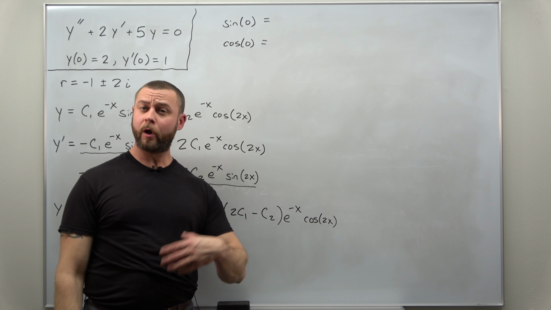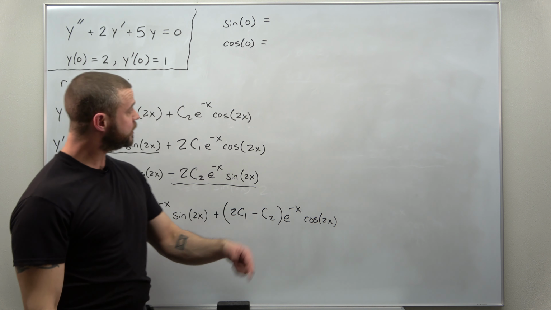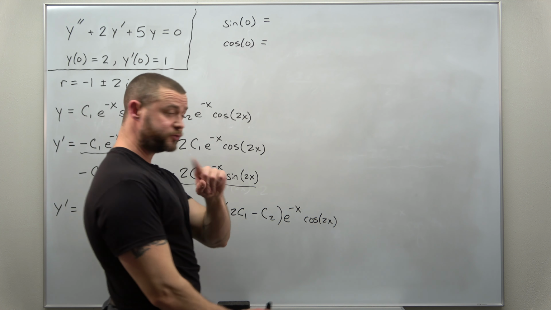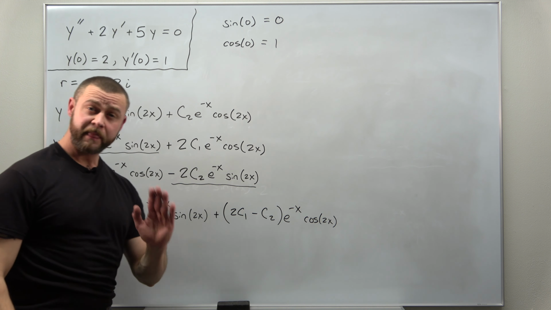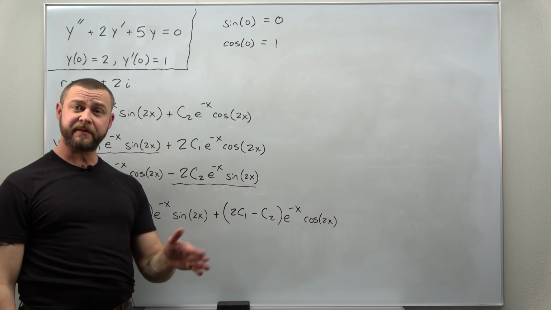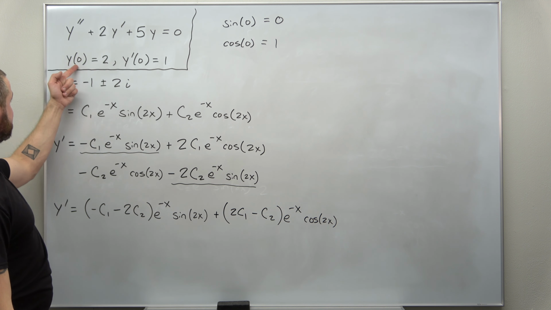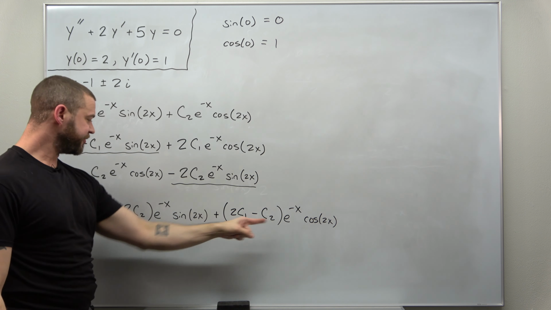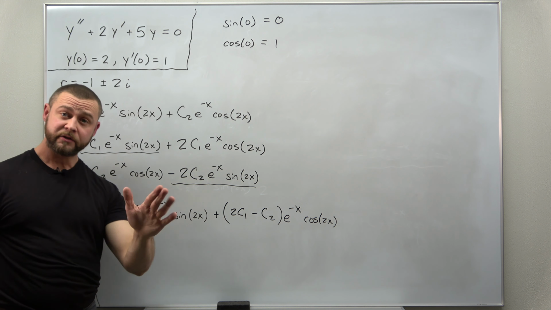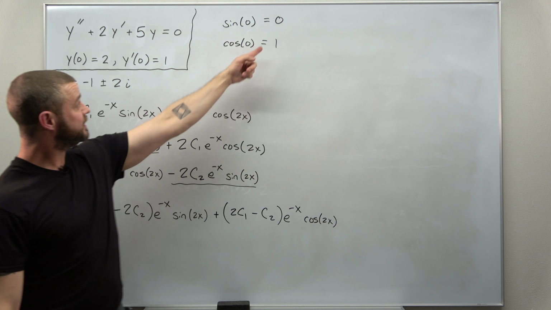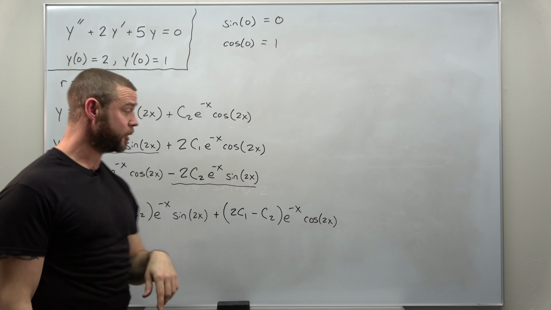Now hopefully you recall your basic trig. What you should find, cosine of 0 is 1. Sine of 0 is 0. And that's going to give us a very quick way to plug in x is 0. Half the terms here in y and y prime just disappear due to the sine term evaluating to 0.